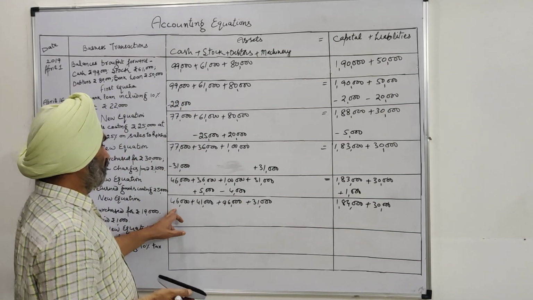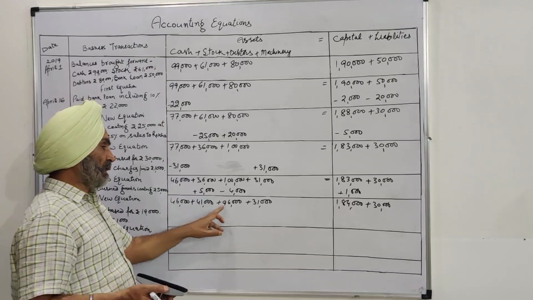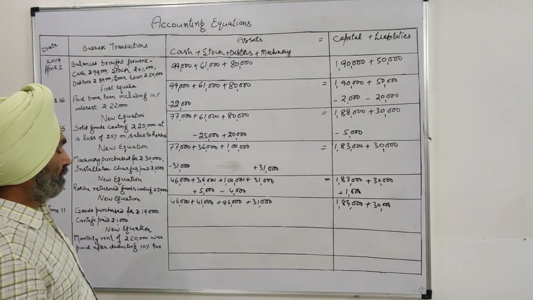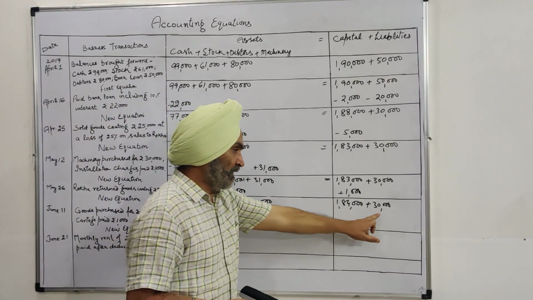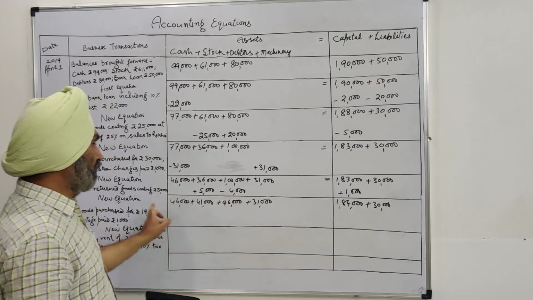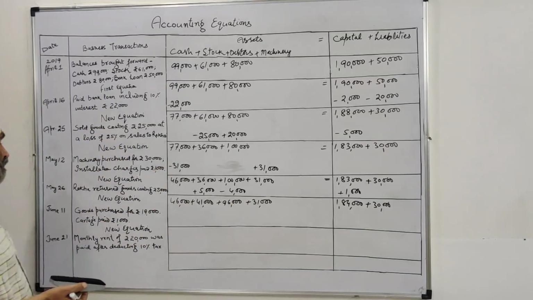Okay, so 46 plus 41 plus 96 plus 31, 2,14,000 on this side and 2,14,000 on this side. Okay.